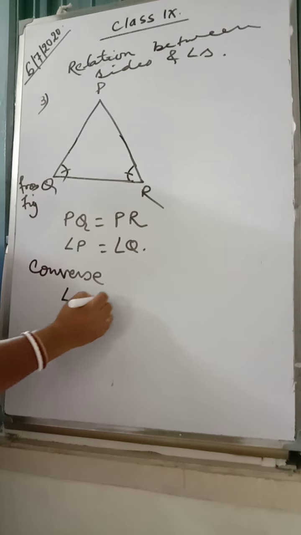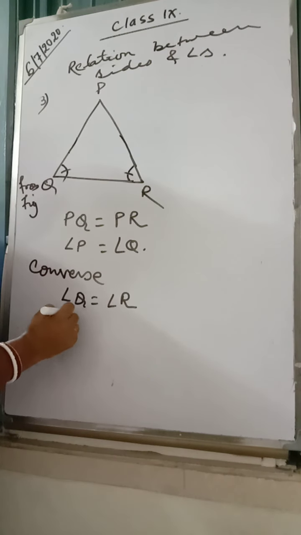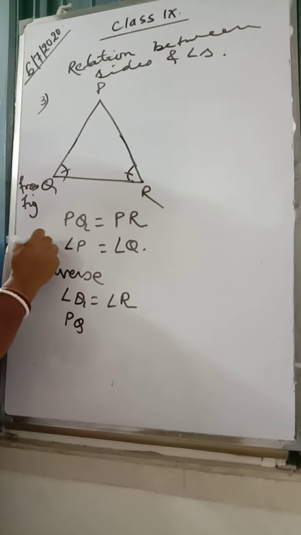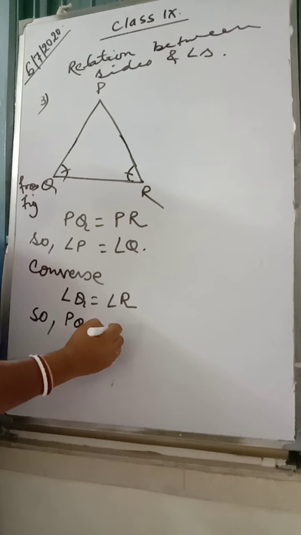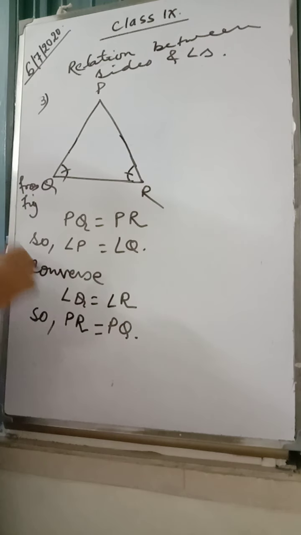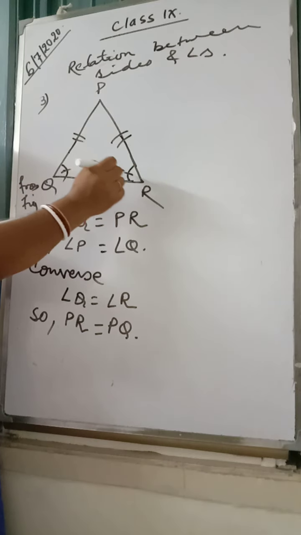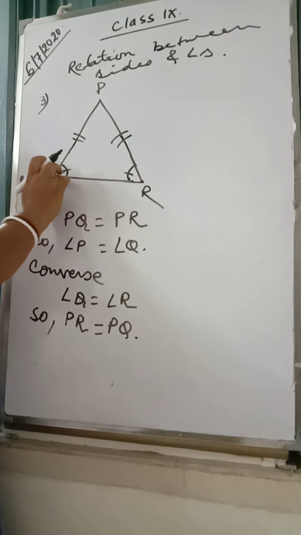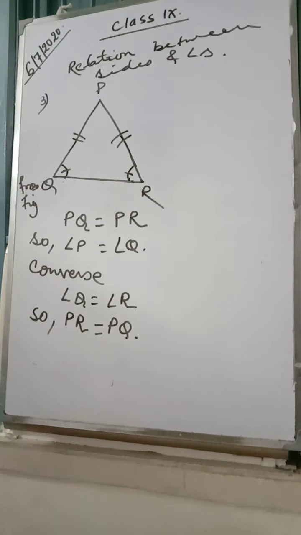Angle Q is equal to angle R. So opposite to angle Q, which side is there? PQ. Opposite to angle Q it is PR, so PR is equal to PQ. Now what do we see? If the sides are equal, the angles opposite to them would be equal, and if the angles are equal, the sides opposite to them will be equal. This is relation number 3 and its converse.